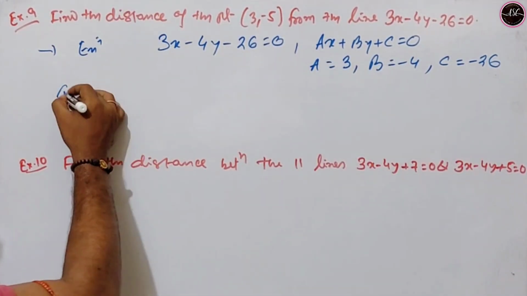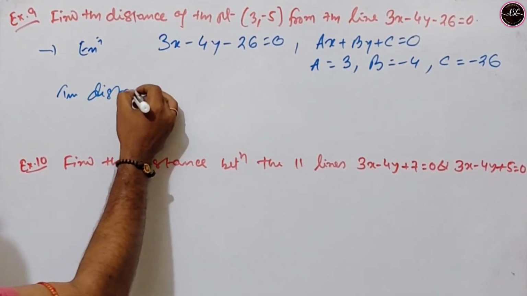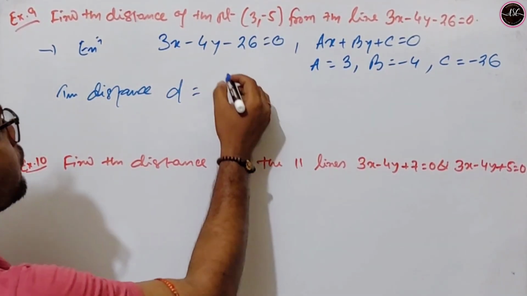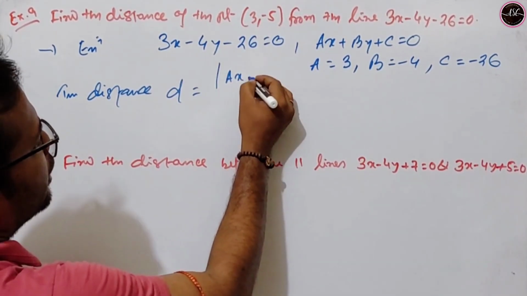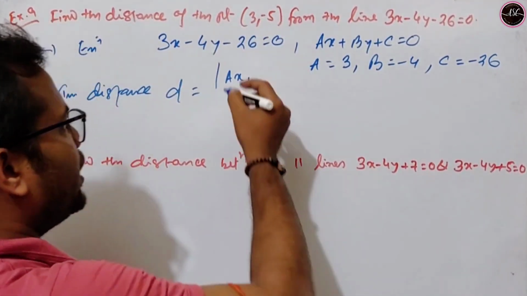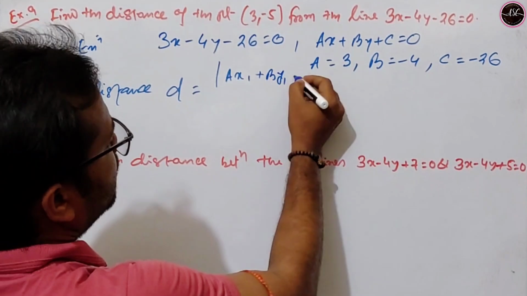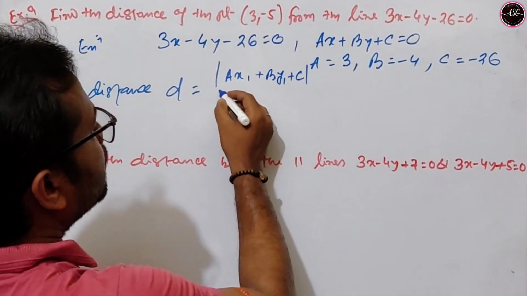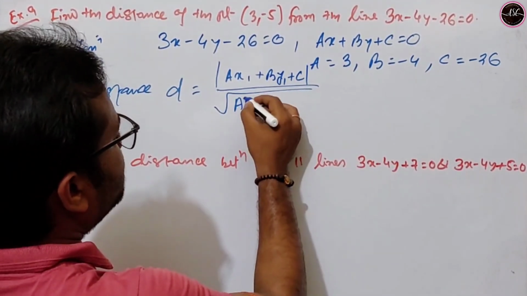So the distance d equal to mod of a x1, where x1 equal to 3 and y1 equal to minus 5, plus b y1 plus c divided by root of a square plus b square.